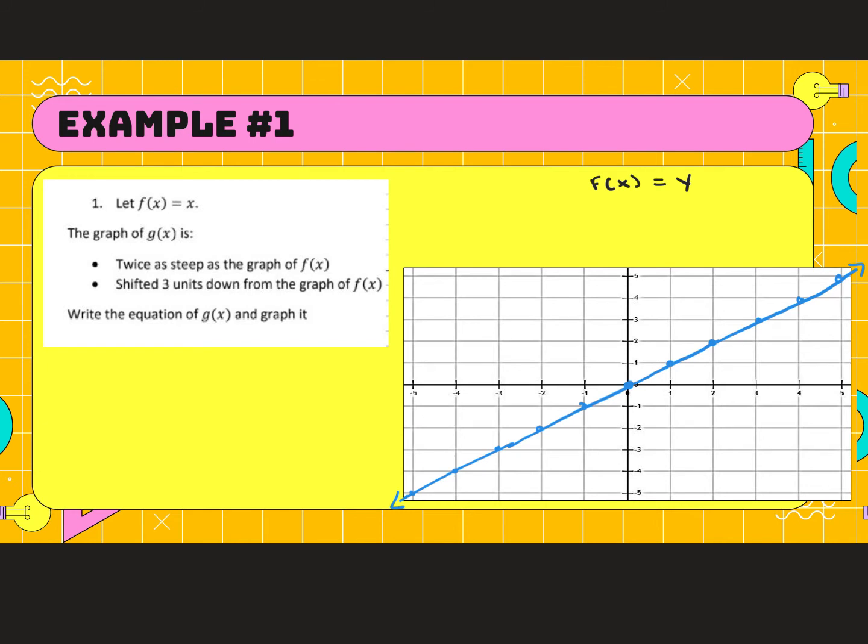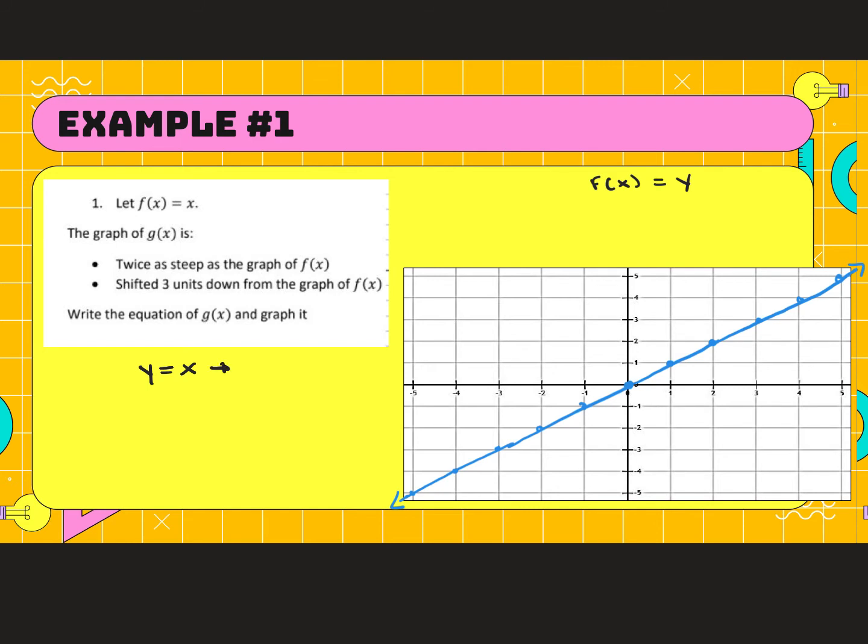All right, so now we're saying that it's twice as steep as the graph of f of x and shifted 3 units down from the graph of f of x. All right, so remember our parent function is always y equals x. So if it's saying that our slope, so when we're talking about steepness, we're talking about our slope. Our slope is twice as steep, all right?